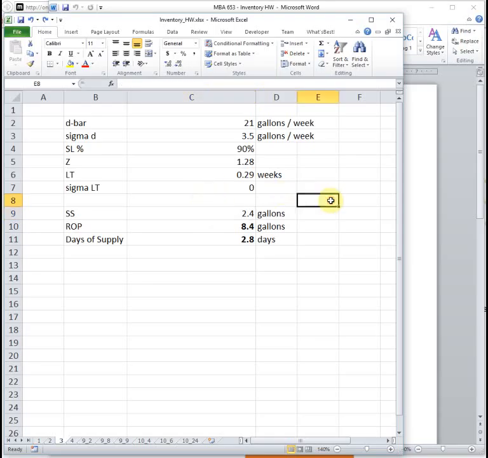Now, it's not a great example, but if you look at the lead time, when we ordered something from someone, what if the lead time was not constant? What if it was 1 day?